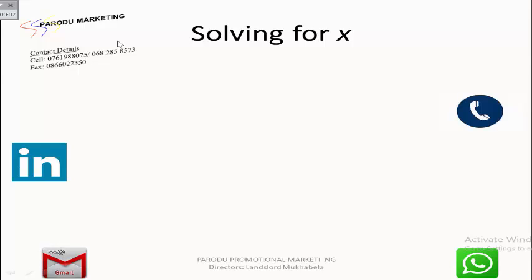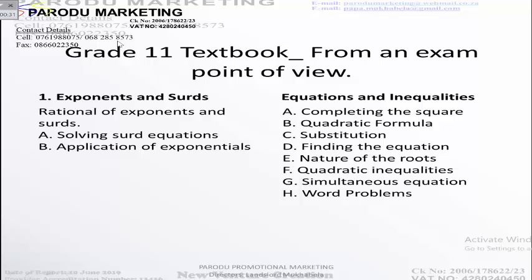Now, mostly in your final examination, the first question is generally solving for x, and that is based on the topics we've just identified, such as your exponents and surds. From the textbook's point of view, you get to learn a lot of laws of exponents and how surds work, how equations and inequalities work, right?